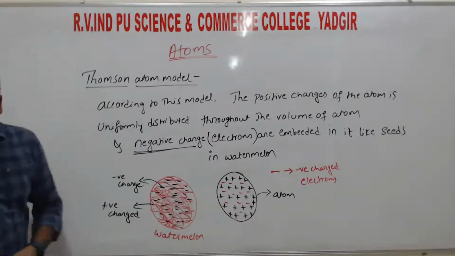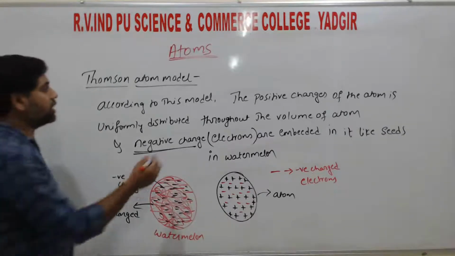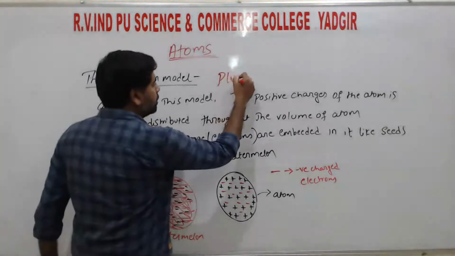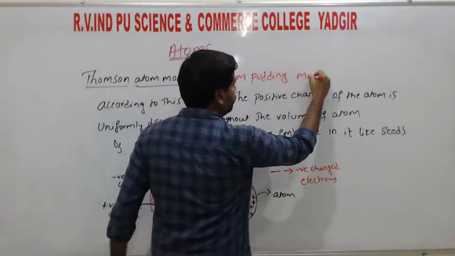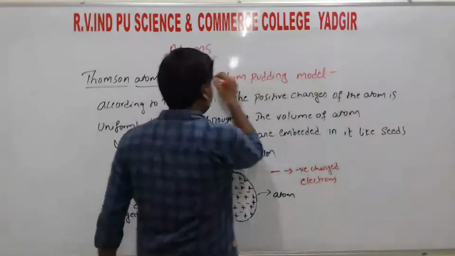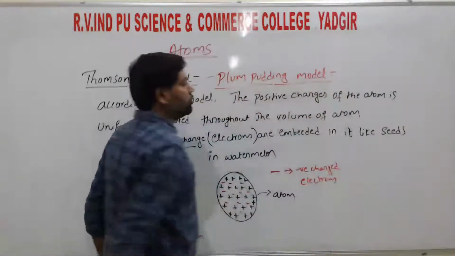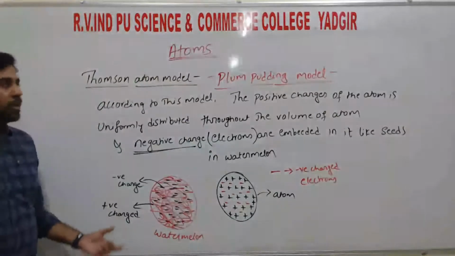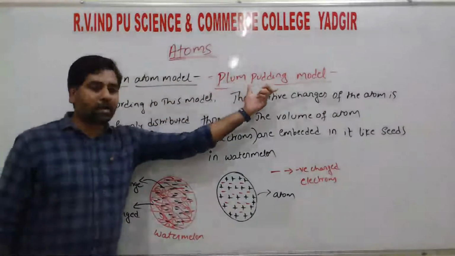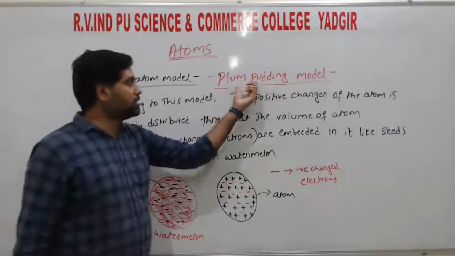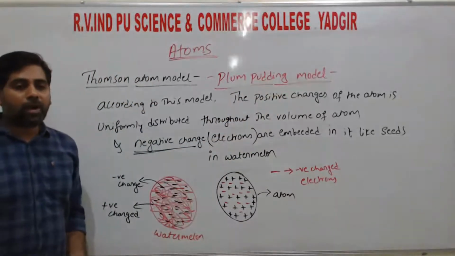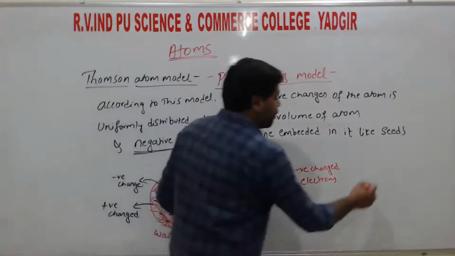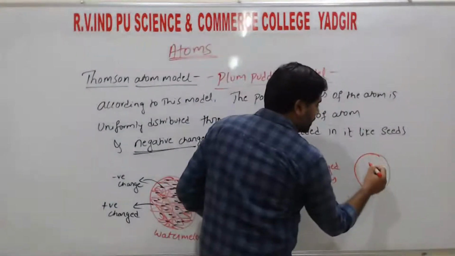this Thomson model is also given the name plum pudding model. Plum pudding is nothing but dry fruits present in an edible part, right? If you compare it to a cake, in that cake the dry fruits are arranged.